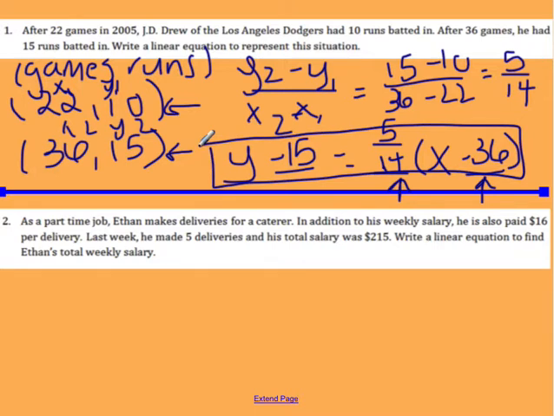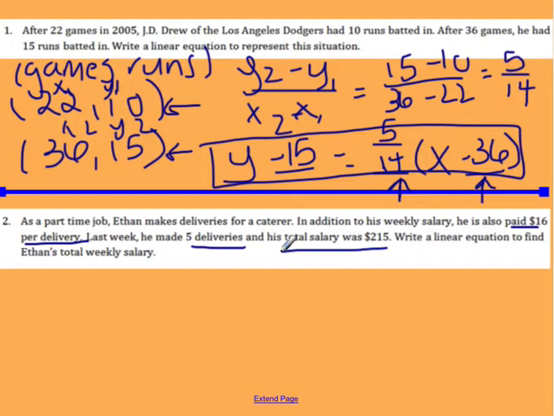All right, let's take a look at number 2. As a part-time job, Ethan makes deliveries for a caterer. In addition to his weekly salary, he is also paid $16 per delivery. Last week he made 5 deliveries and his total salary was $215. Write a linear equation to find Ethan's weekly total salary.